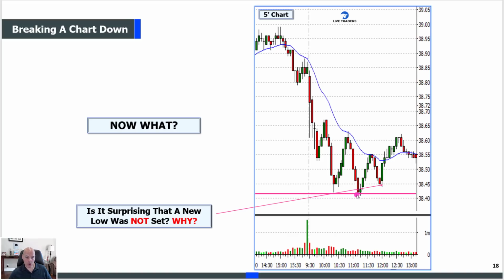So now I have an equal low followed by a higher low and a higher high. Is it really surprising that a new low was not set? No, it's not surprising. This is what's expected. We expected this to not put in a new low.